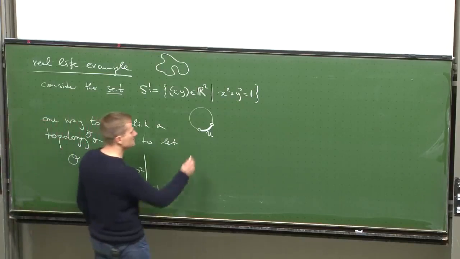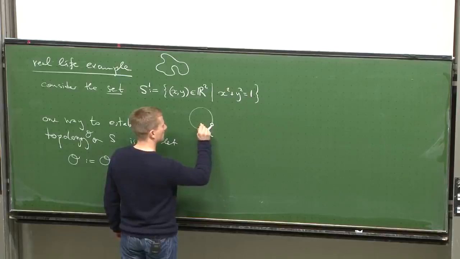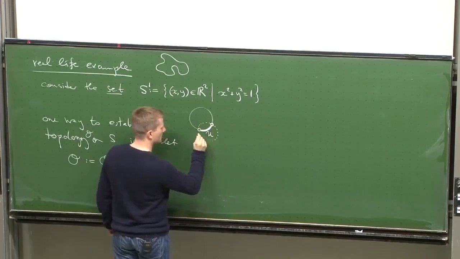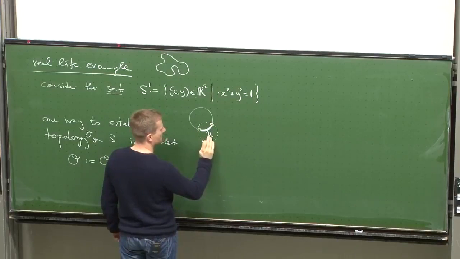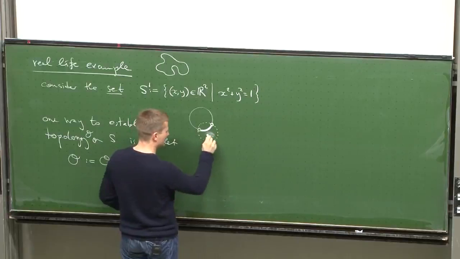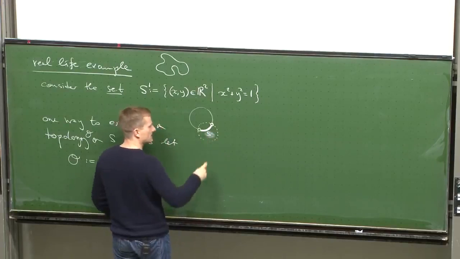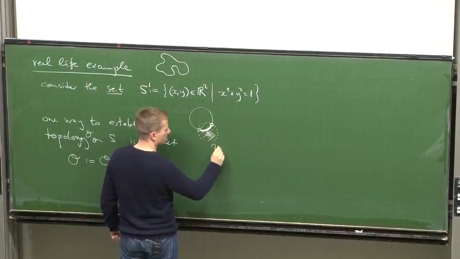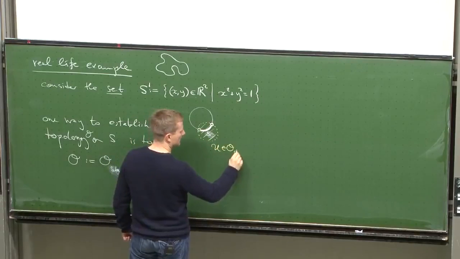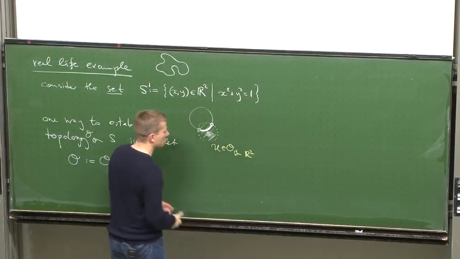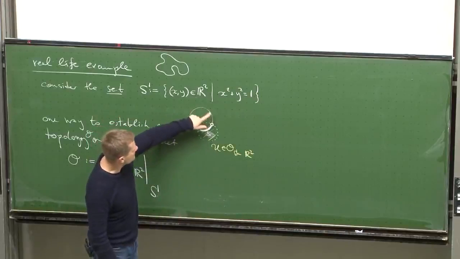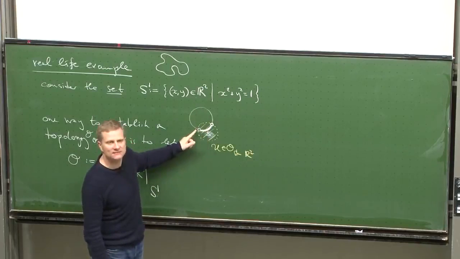Yes, it is, because there is this set U, an element of the standard topology on R2, whose intersection with the set S yields exactly this set, right?